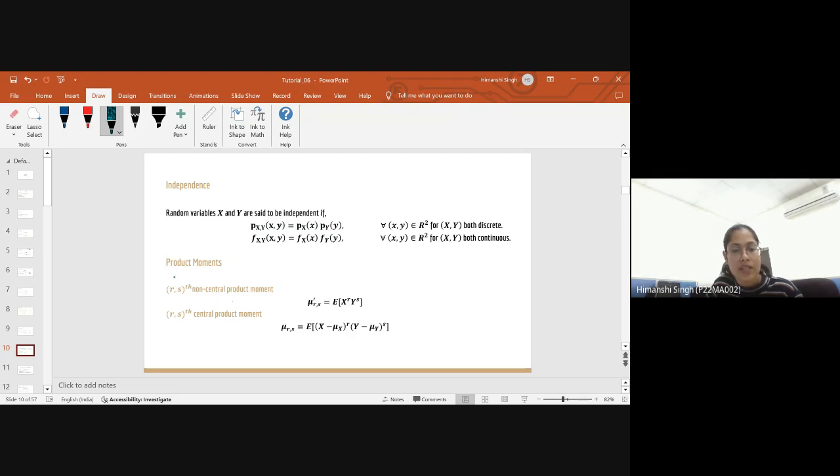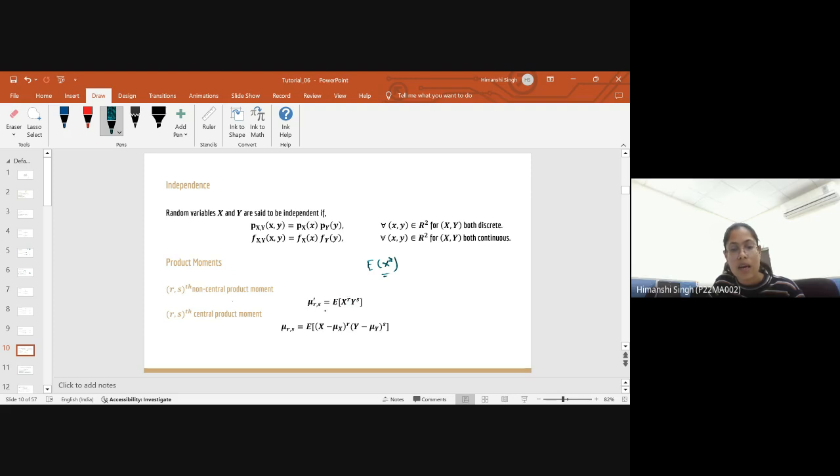Now, apart from this, there are product moments. In the case of a single random variable, we have considered the expectation of x to the power r, and we say that this is a non-central moment for x. Now, if we have two random variables, then we consider the rsth non-central product moment, which is the expected value of x to the power r, y to the power s.